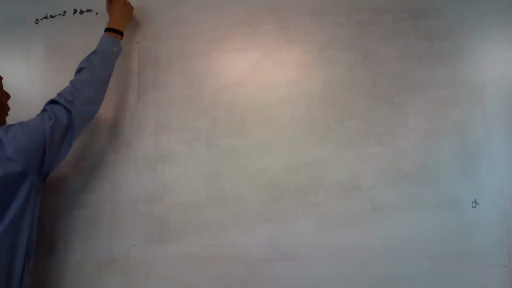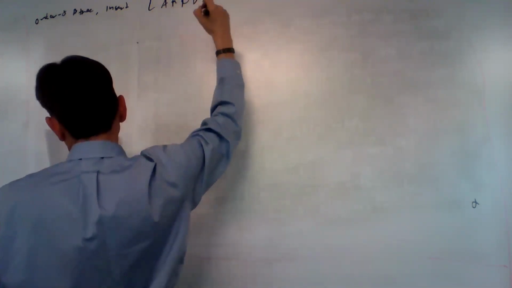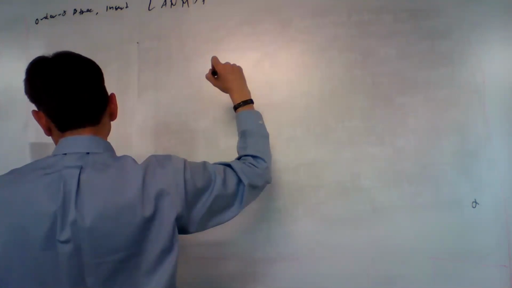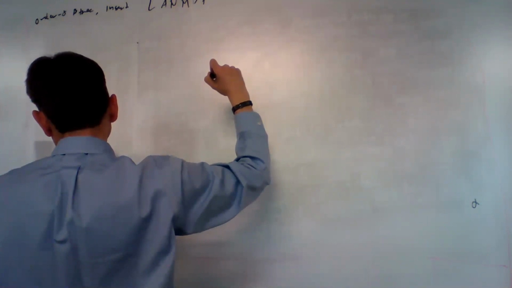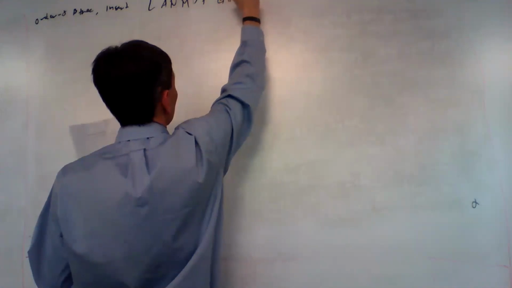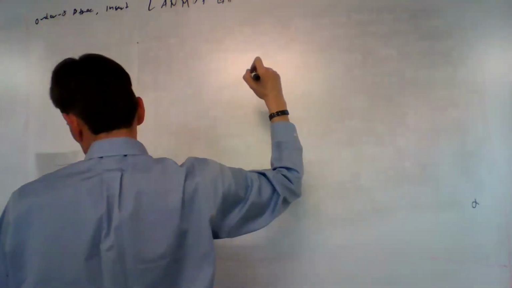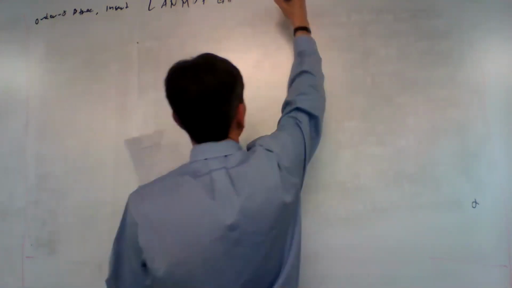So we're going to have an order 5 B tree, and we're going to insert in this order: L, A, N, M, D, F, G, H, C, E, B, I, J, K.